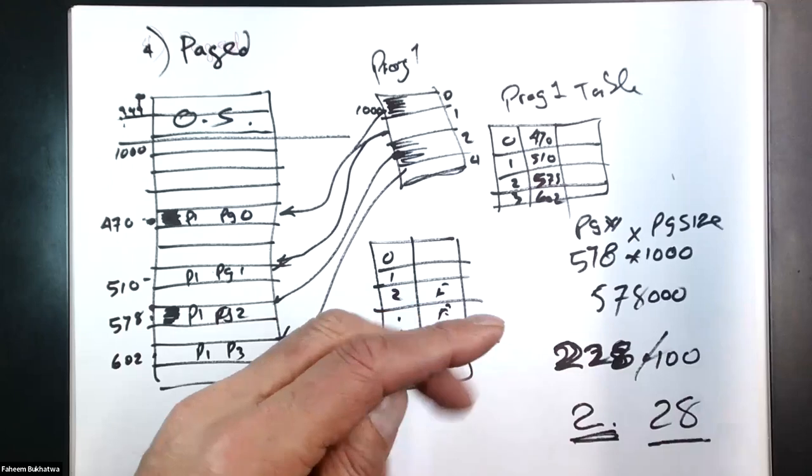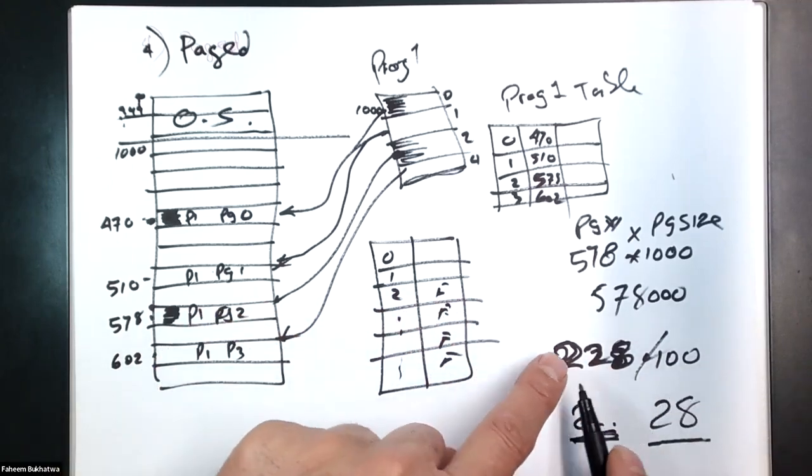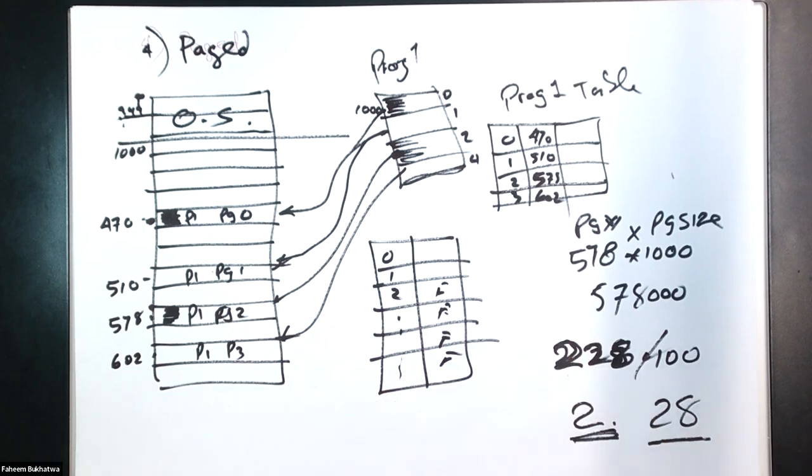That's the remainder. And that's exactly what it found out: line 228 is in page number 2, and it's offset 28 lines from the top of the page. So it's a quick and simple way to go to any location, not just any page. It can go to any line you want.